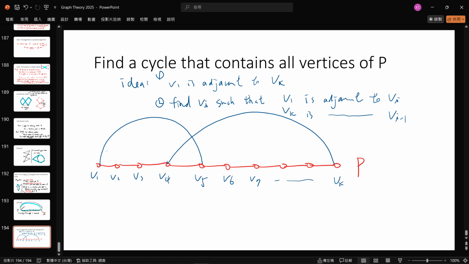We're going to show that if the minimum degree is large enough, that is, greater than or equal to n over 2, then we can always find either V1 adjacent to Vk or such a vertex Vi. This is what we're going to prove next.